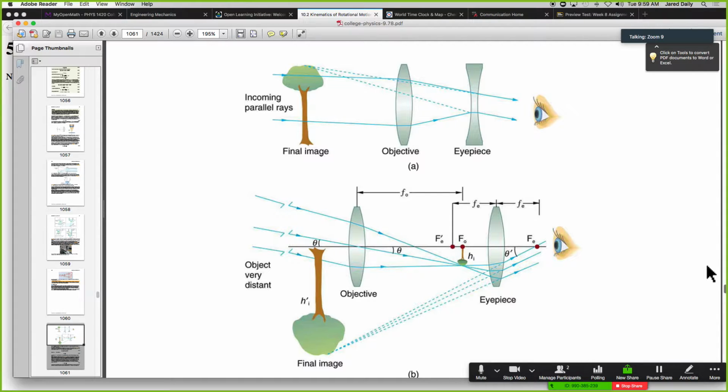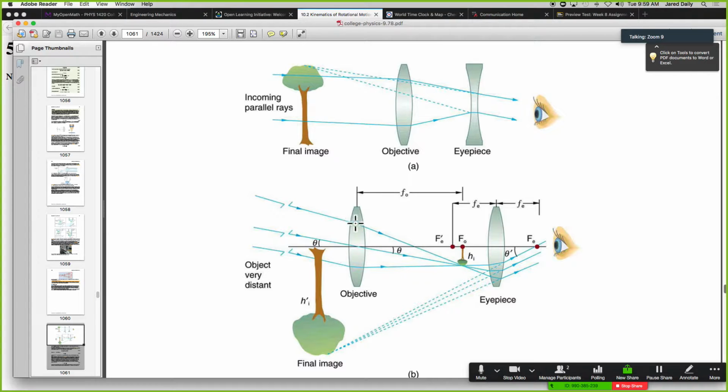Well, for this, and this is a bad drawing because we don't have room here, imagine we're looking at a tree that's way off the page, way over somewhere. And the light that's coming in are these blue rays to a telescope.